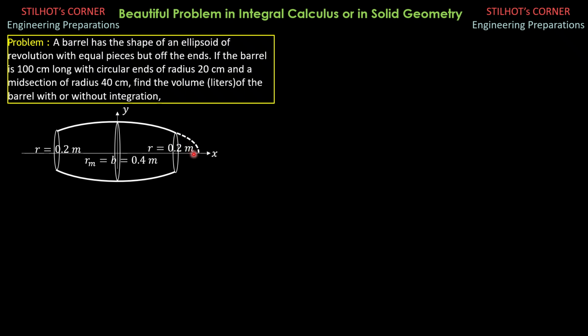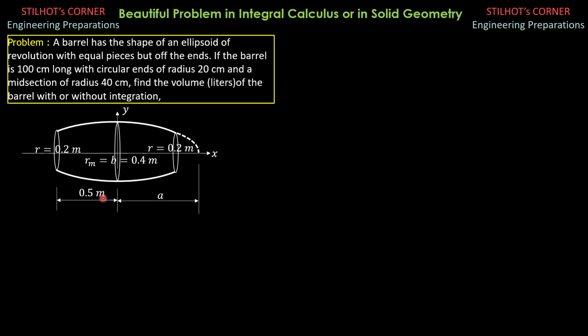So I extended it, and the distance from the left end to the center midsection is 0.5 because the distance between end sections is 1 meter, or 100 centimeters, as stated here. The distance from the center of the ellipse to the rightmost vertex is denoted by a. So this is 0.5, and a is expected to be slightly greater than 0.5 meter.